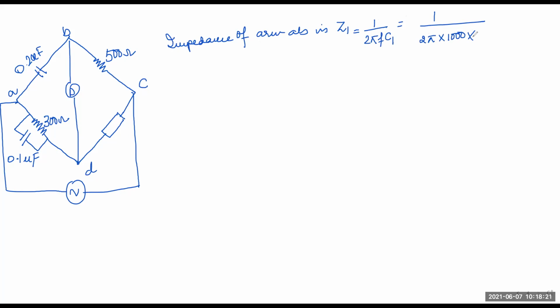And C1 is 0.2 microfarad. So 0.2 into 10 to the power minus 6. So how much is it coming? Tell me the answer.